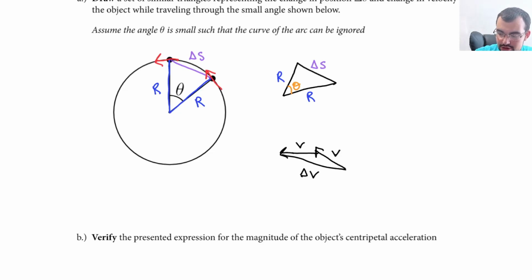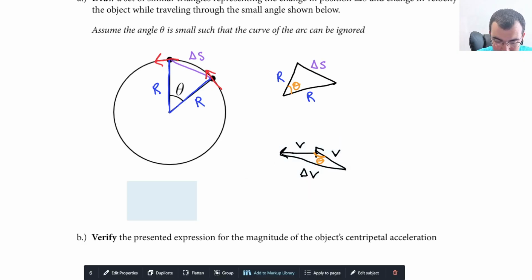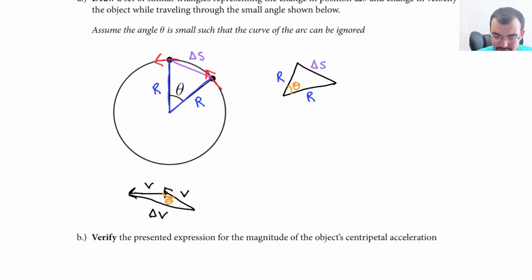By similar triangles, if this side is rotated 90 degrees and this side is rotated 90 degrees from the original triangle, they are just going to be a rotated copy of this triangle. The relative angle between the velocity vectors is still going to be the same. So our included angle theta is actually the same in this triangle as well. Now that we have some intuition behind it, I'll make the triangle nicer here.